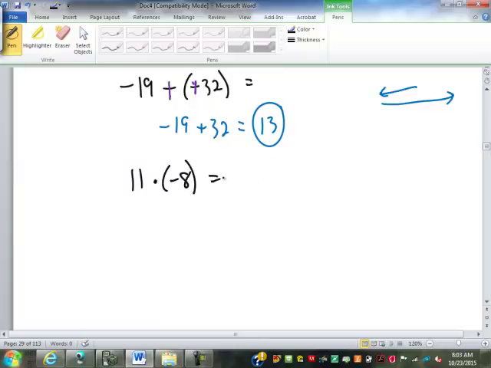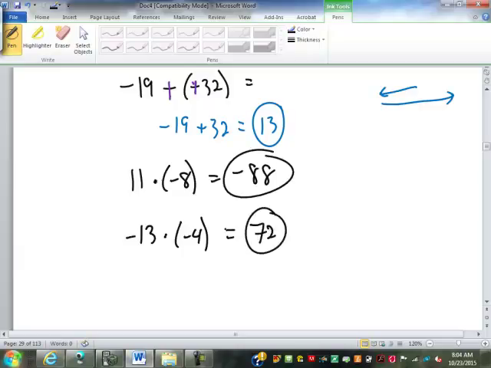What's 11 times negative 8 then? Negative 88. How about negative 13 times a negative 4? Positive 72. Negative times negative is a positive. 36 divided by negative 9? Should be 52.